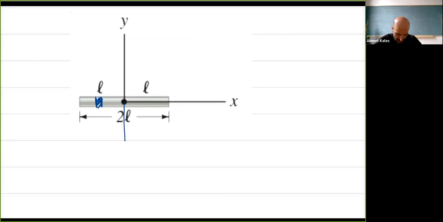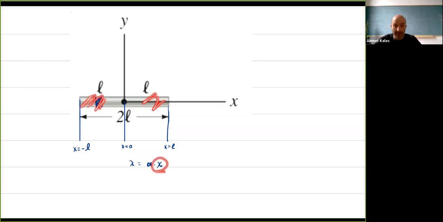The problem doesn't say it, but I can tell this is x equal to 0, that's x equal to L, and that's x equal to minus L. And the charge density, lambda, is equal to some A times x. So it's negative here, positive here, right?